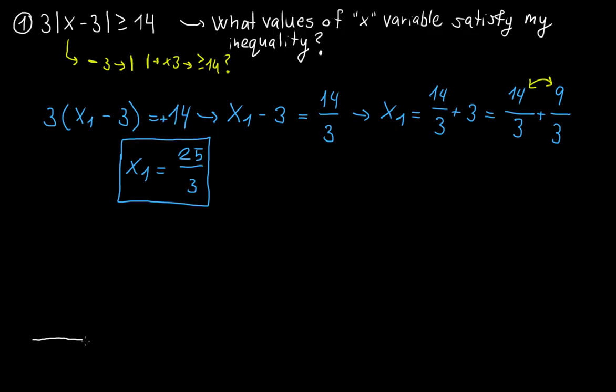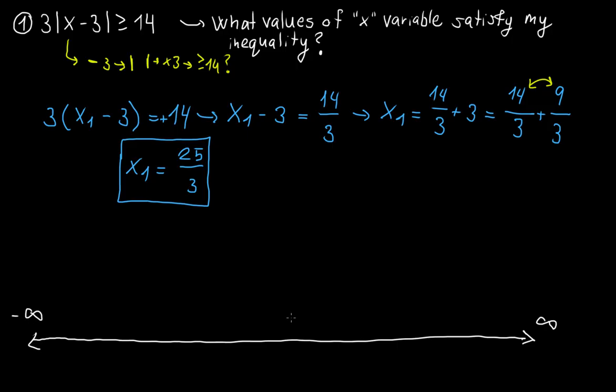So let me draw a nice large number axis right here. I get infinity, I get minus infinity, I get a 0. And the point will be around here. Here is the point, 25 thirds, that's positive.